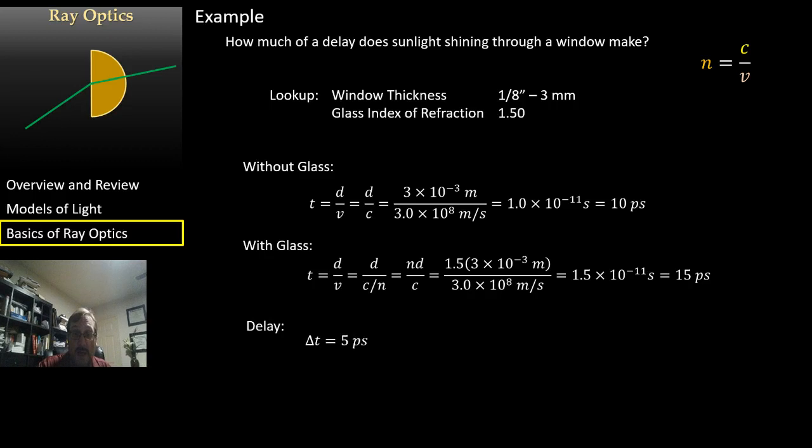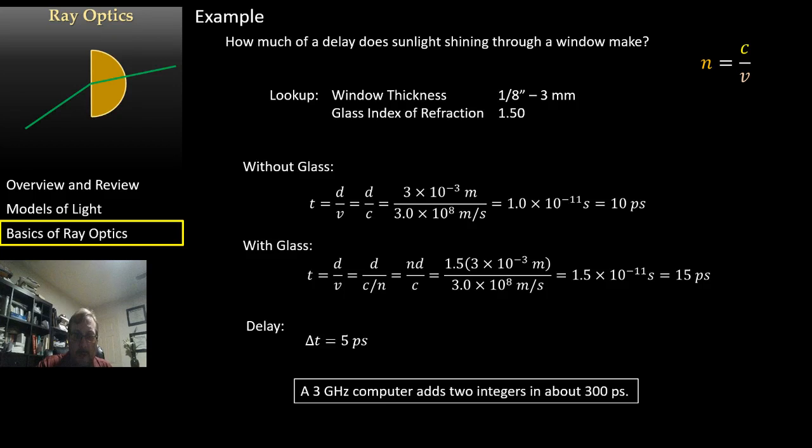That means there's a delay of 5 picoseconds. Reasonable. That's very reasonable. That's something you should be able to figure out. So I think we're okay with that. I have a comparison here. A 3 gigahertz computer adds 2 integers in about 300 picoseconds. So that's not very much time at all.